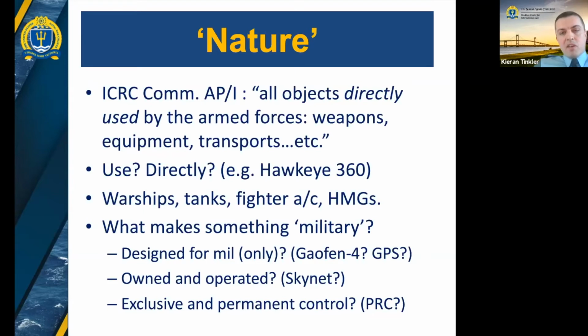how to flesh it out with an example. So HawkEye 360 is a commercial suite of satellites that use synthetic aperture radar, if I recall correctly. And I've seen things in open source that say that US combatant commands have used some of the products produced by HawkEye 360.